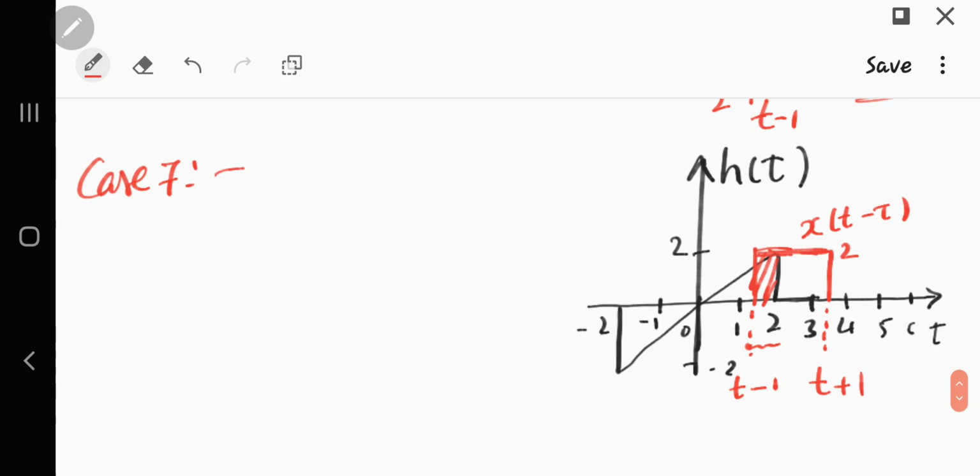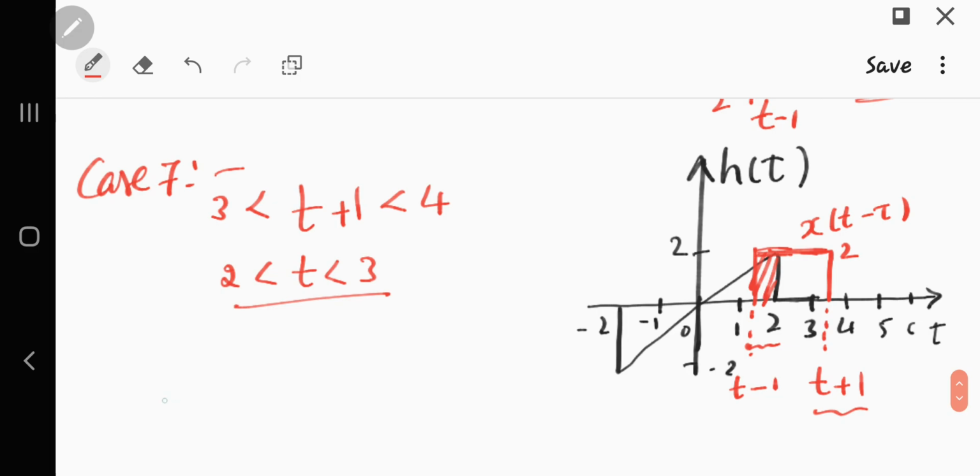Now as I told you, you can mention this case with the two options. So I will take this one for t plus 1 less than 4 and greater than 3. If you simplify this, you will get t less than 3 but greater than 2. Now for this case, what is y of t?